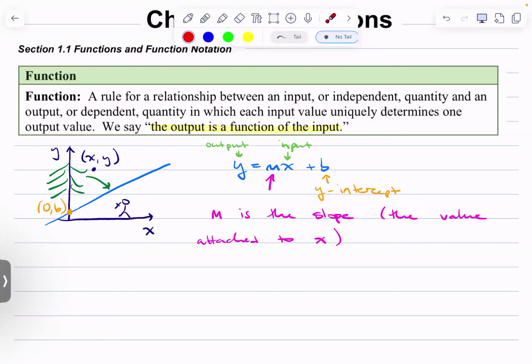Now, the important part about a function, okay, is that each input value uniquely determines one output value. And so what does that look like?